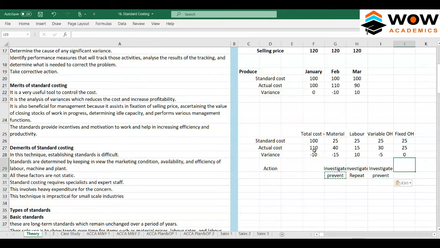See here in fixed overhead, we don't need to take any action because it's in line with what we expected. So just finding out the difference is not the concept.